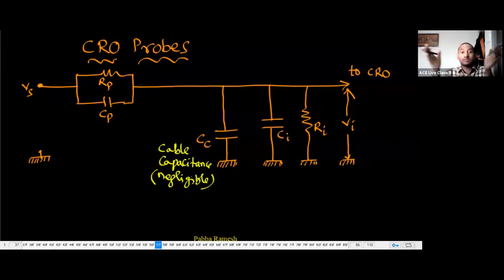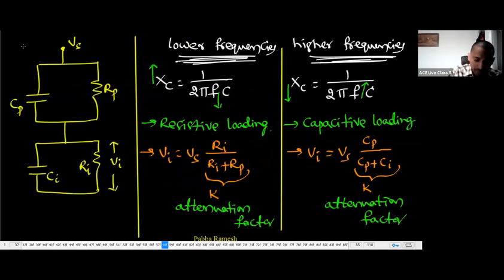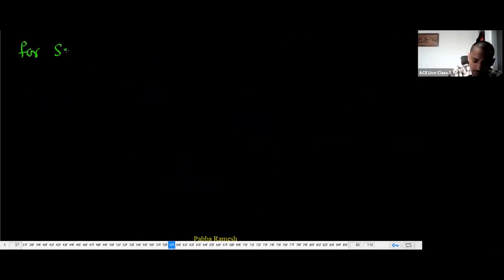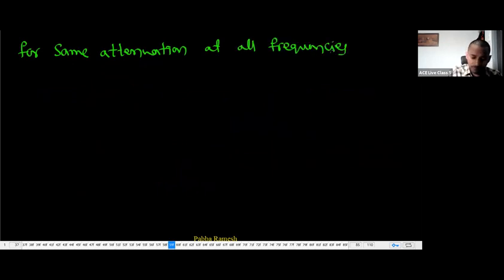Frequency changing means the time period must change, but the magnitude or amplitude of the input voltage should be almost constant. So therefore, we can say: same attenuation at all frequencies.